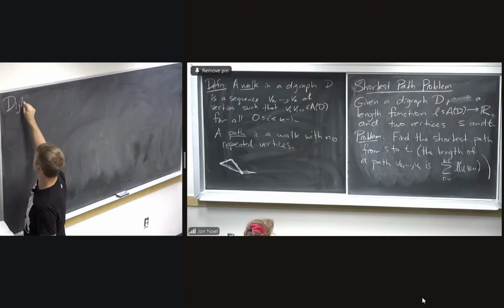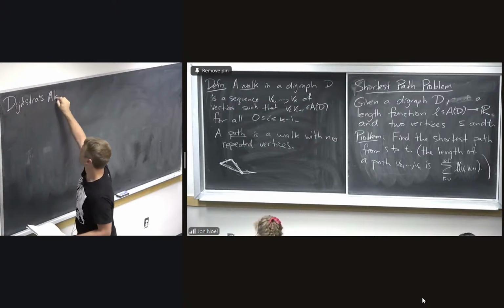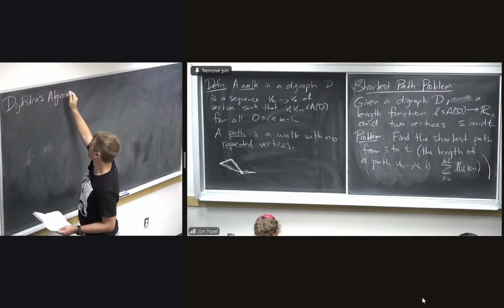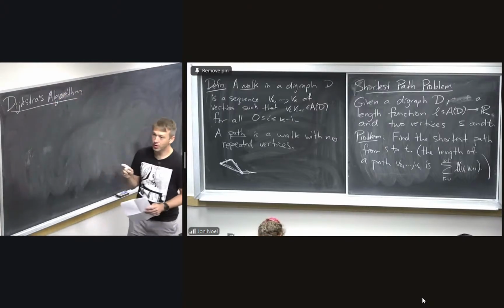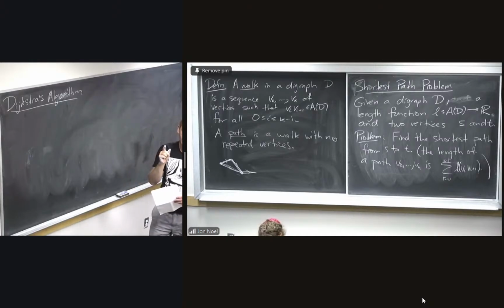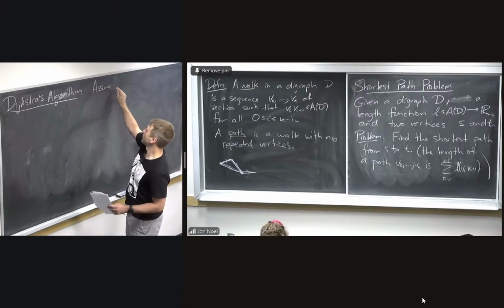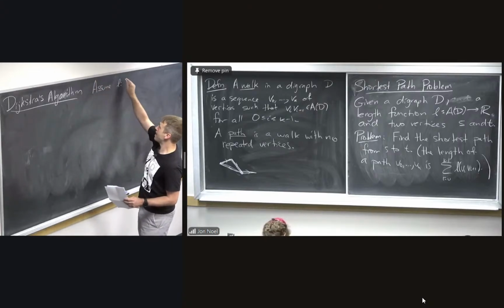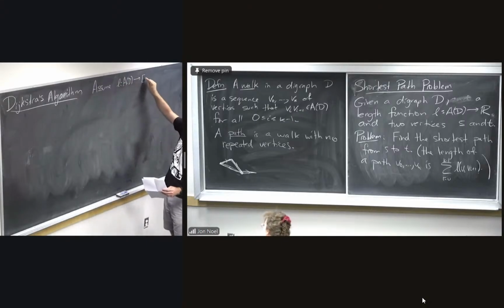Okay, so there's one caveat in Dijkstra's algorithm, which is that it's only going to work for length functions that are non-negative. So we're going to assume that the length function maps the arcs to non-negative numbers, the interval 0 up to infinity.